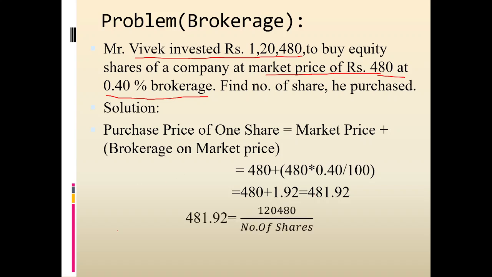After this we have to use the formula of this. Here on this side, purchase price of one share 481.92 is equal to total investment 1,20,480 divided by number of shares. The number of shares we have to find. So if we cross multiply this, we get the number of shares, which is 250.